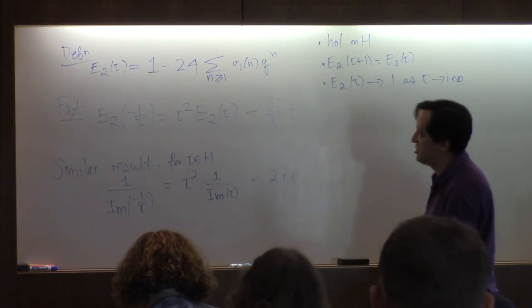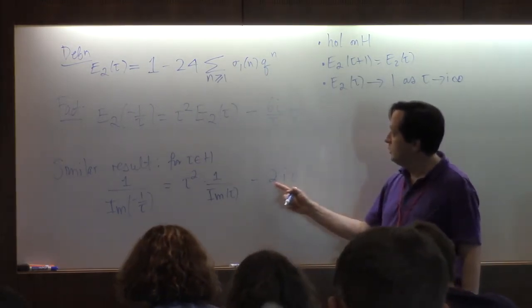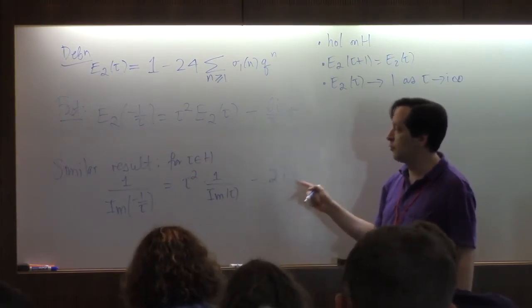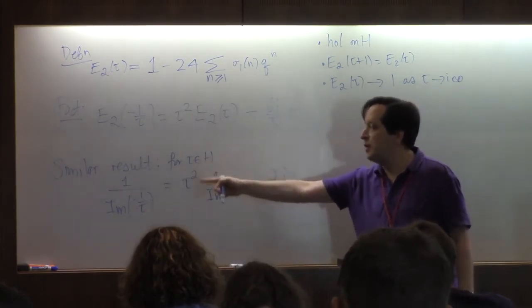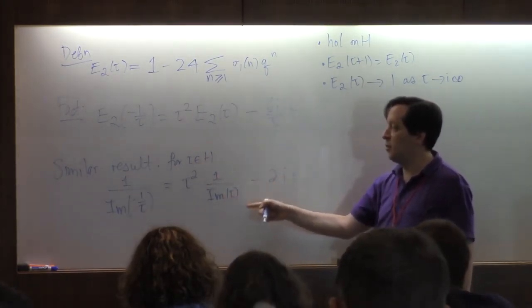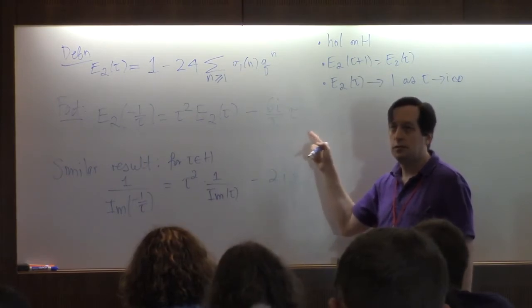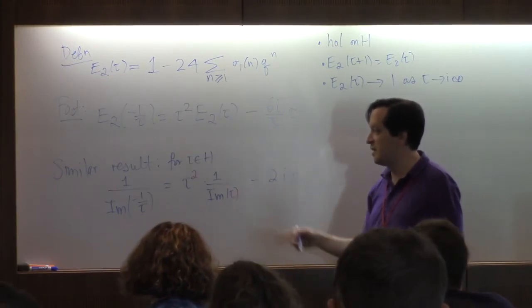Almost. I just need to turn the 2 into 6 over pi. So if I multiply this whole thing by 3 over pi, then 3 over pi times 1 over the imaginary part has exactly the same rule as this. And if you replace tau by tau plus 1, of course you don't change the imaginary part.